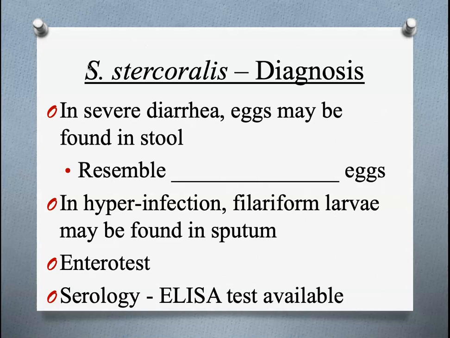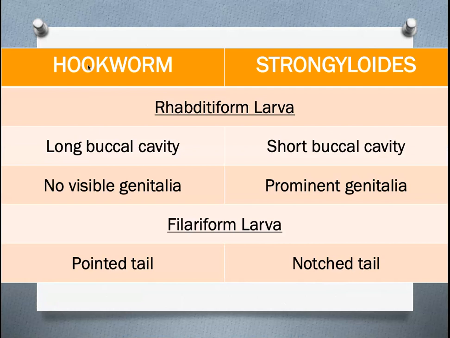There's also serology tests and ELISA tests available to test for antibodies to Strongyloides. And for the last slide on this recording, I have a good chart for you to help you remember how to distinguish hookworm rhabditiform larva from Strongyloides rhabditiform larva and hookworm filariform larva versus Strongyloides filariform larva.